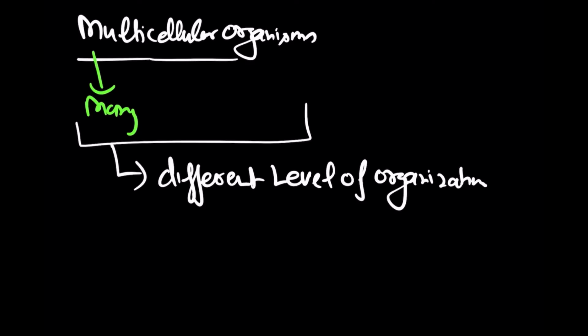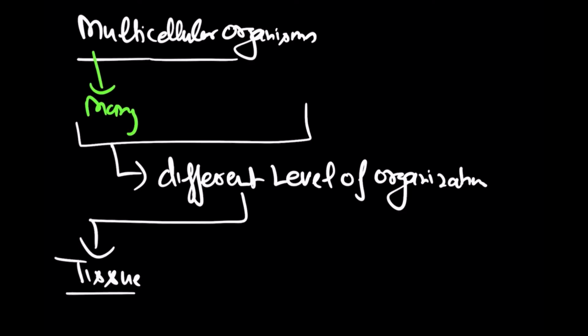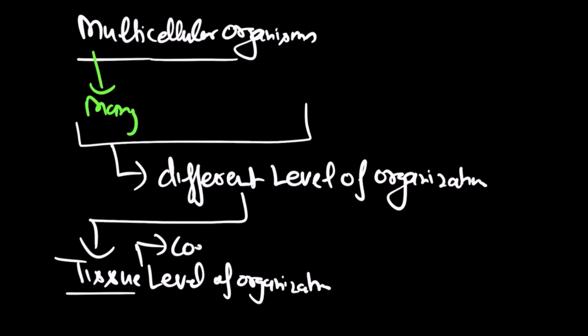But in the case of multicellular organisms, you can have tissue level of organization. Hopefully you remember that a group of cells doing the same function can form a tissue. So in some multicellular organisms you are going to see tissue level of organization, and it can be seen in the phylum Coelenterata.